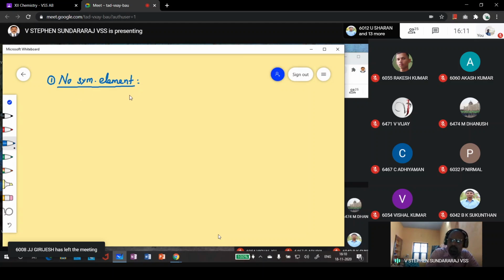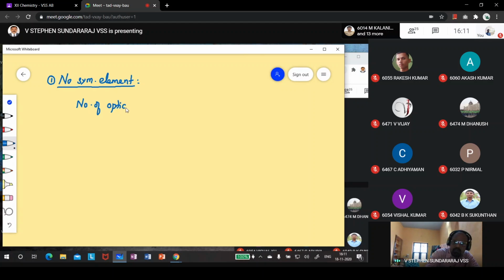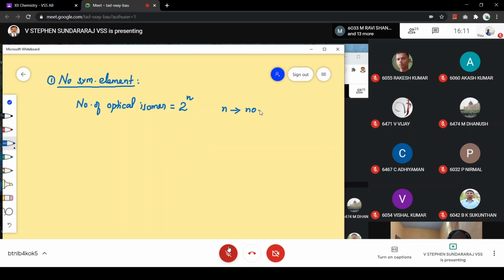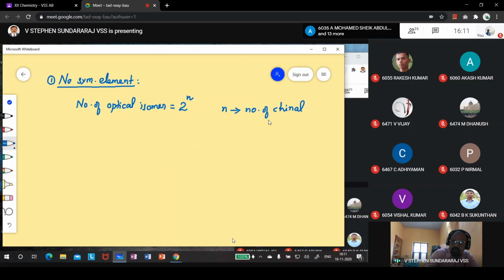If the molecule does not have any symmetry element, the number of optically active isomers will be equal to 2 to the power n, where n stands for the number of chiral carbon atoms. Chiral carbon is asymmetric carbon. So this is the first formula.